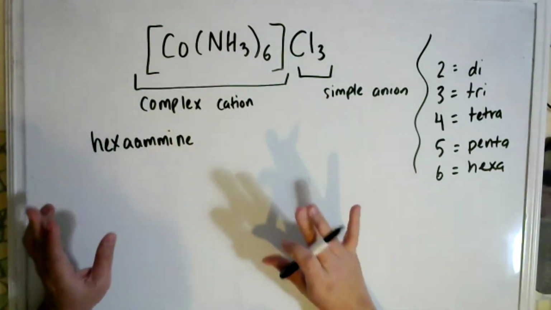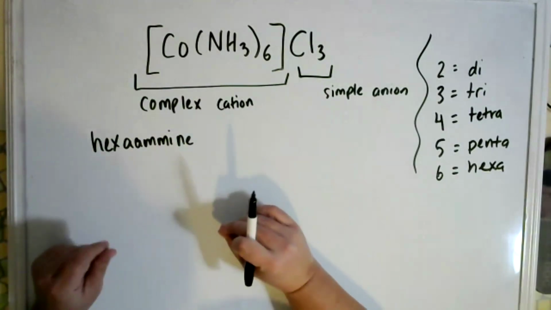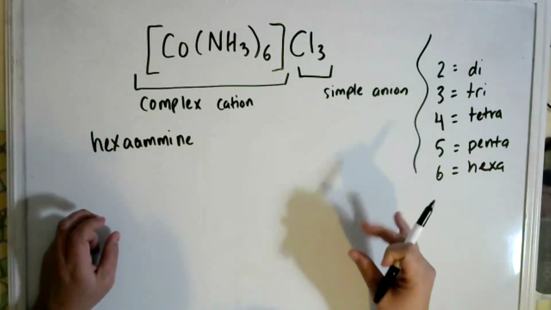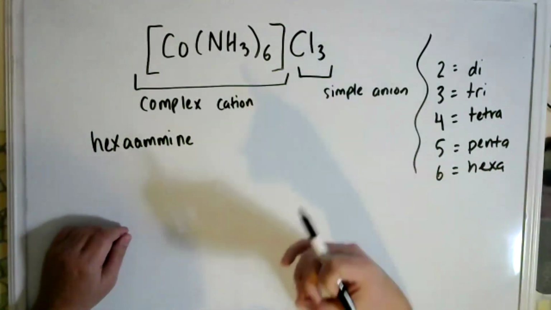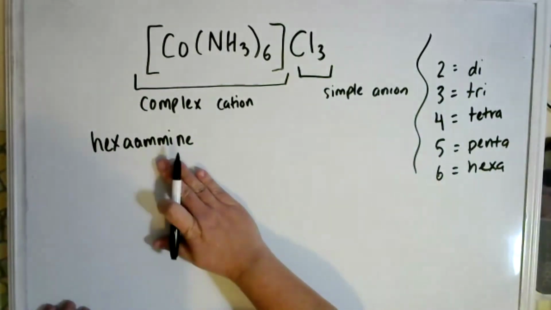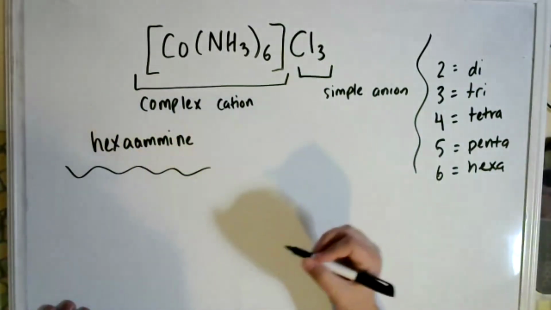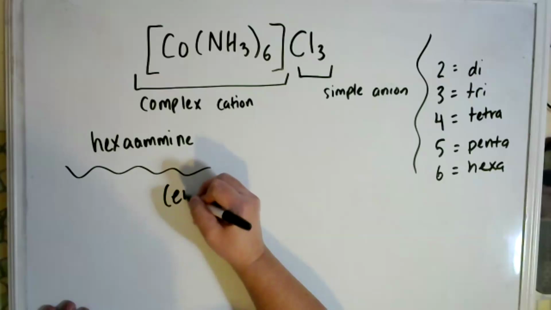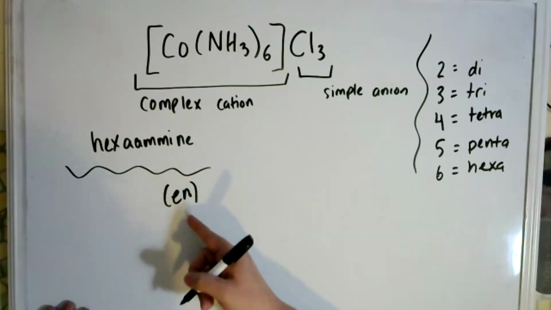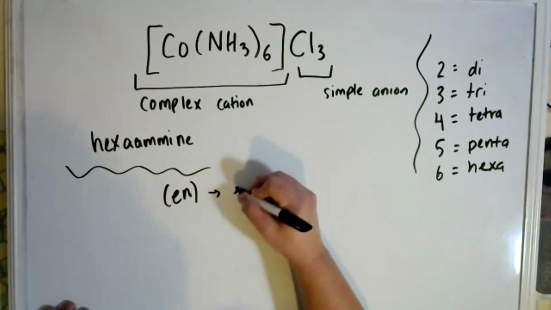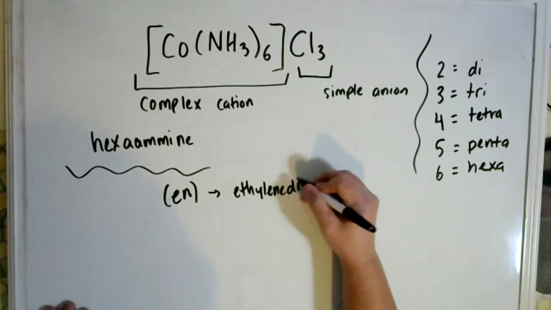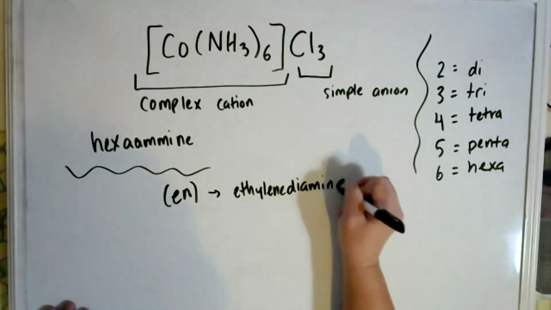Now the other statement that I made, where I said we have a separate set of prefixes for the ligands that have these prefixes as part of their names: say that we didn't have amine. Say that we were using that en ligand. When I write out the name of this ligand, it's ethylene diamine.